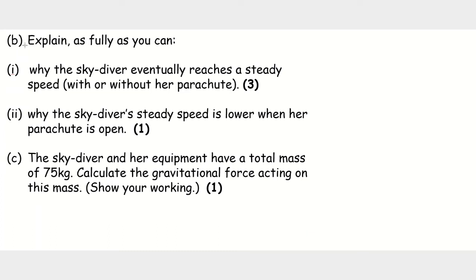For part B, we're supposed to explain as fully as we can two things. First of all, why the skydiver eventually reaches a steady speed. That would be the terminal velocity. And secondly, why the skydiver's steady speed is lower when her parachute is open. We know that we've got two forces to talk about here: the weight of the skydiver, which is downwards, and the upwards frictional force of the air resistance.